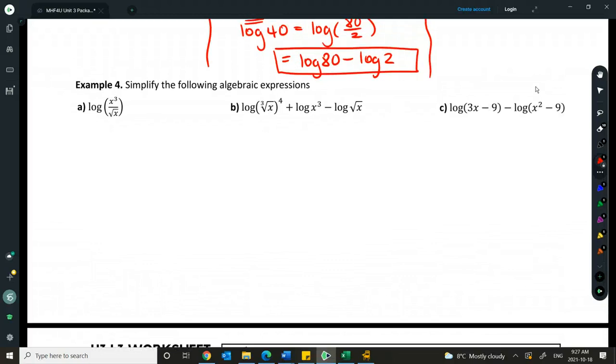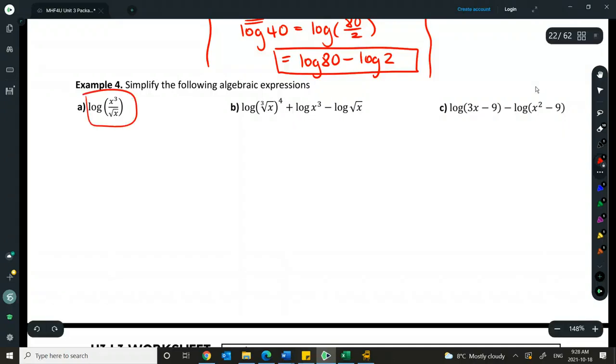All right, we're going to do a couple harder examples here, and then we'll have some time to practice. Okay, so simplify the following algebraic expressions. Simplified would be, I gather as many logs as possible. If they have the same base, I put them into a single logarithm.